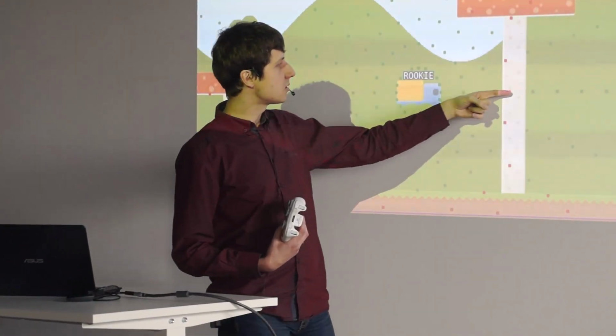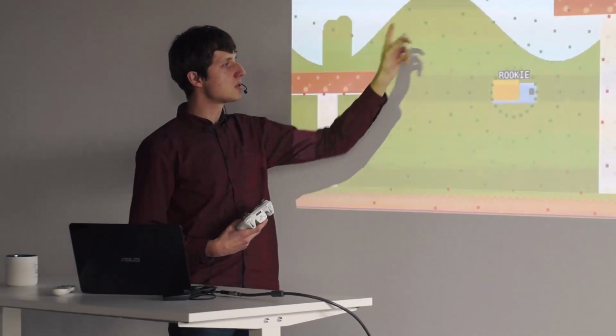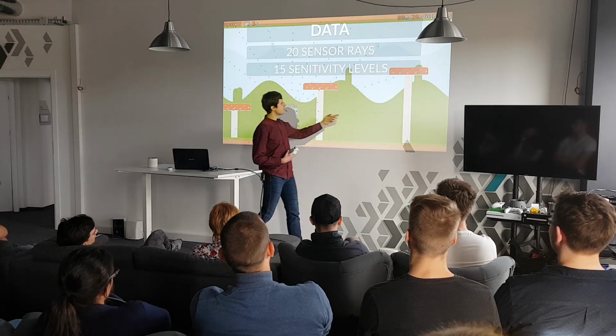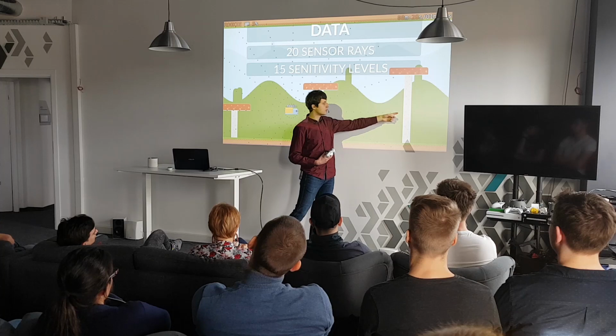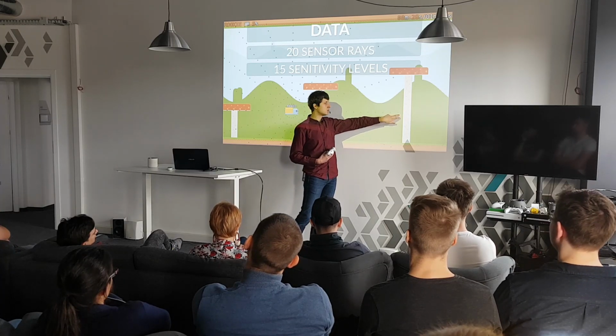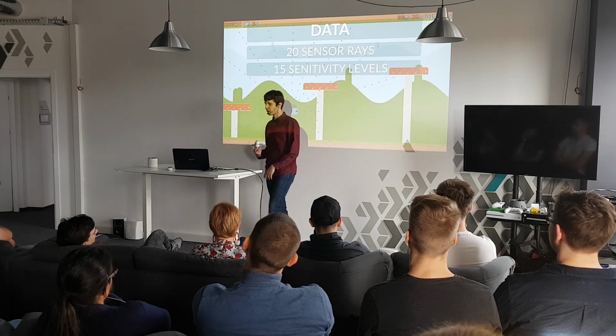So thanks to each sensor, the spaceship can tell how far an obstacle is on this given ray. And there are 20 of those sensor arrays, and they have 15 levels of sensitivities. There are 15 dots here, so the spaceship can see an obstacle that is this far. If it's further than that, it just doesn't see it, just like in a car.